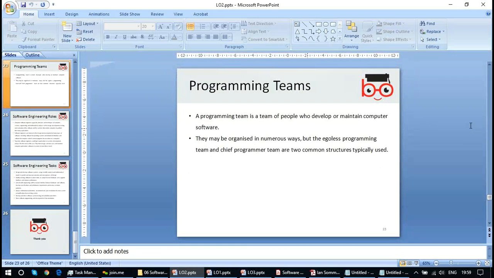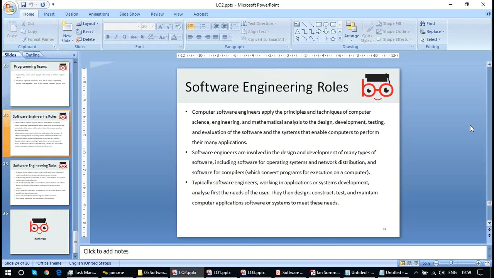The programming team is the team of people developing and maintaining computer software in numerous ways. The egoless programmers team and the chief programmer team are 2 common structures typically used. Like overall team, egoless team and good software developers.